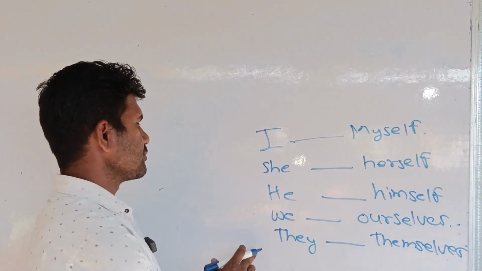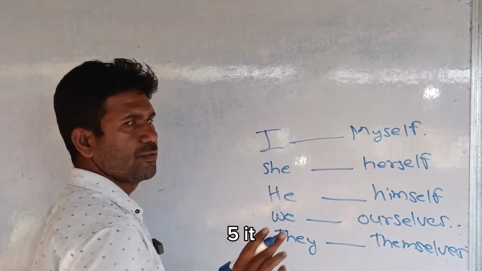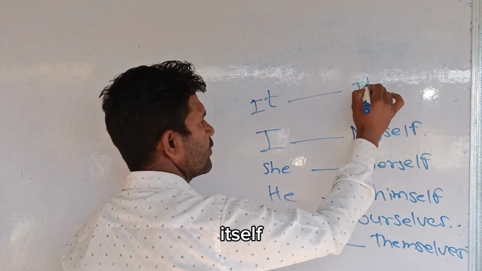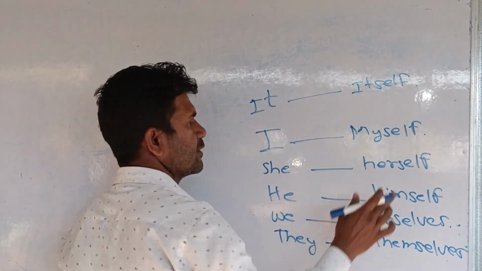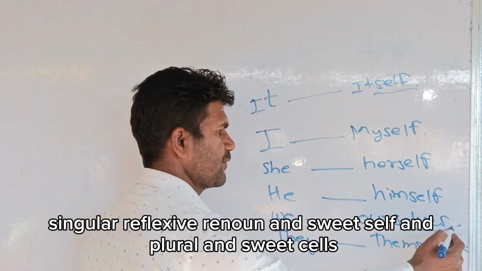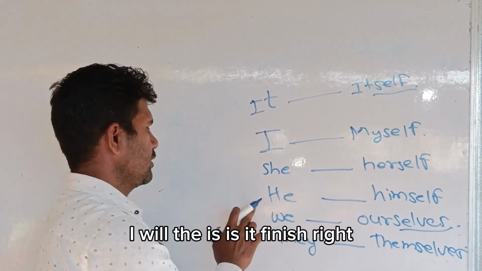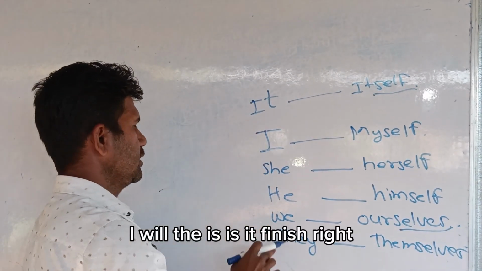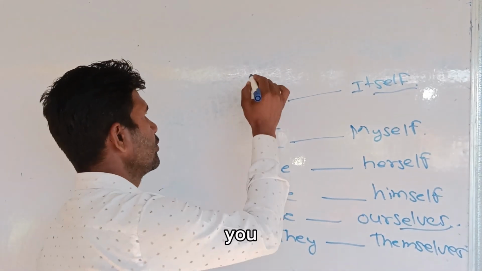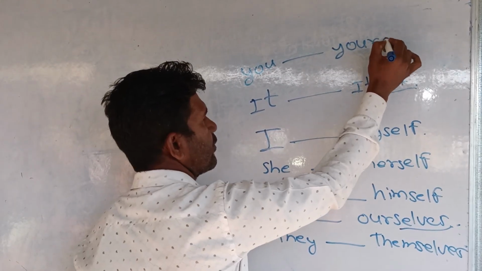Then it. It becomes itself. Singular reflexive pronouns end with self, and plural ends with selves. I, we, they, he, she, it. Finished, right? Which one is missing? You. You become yourself.